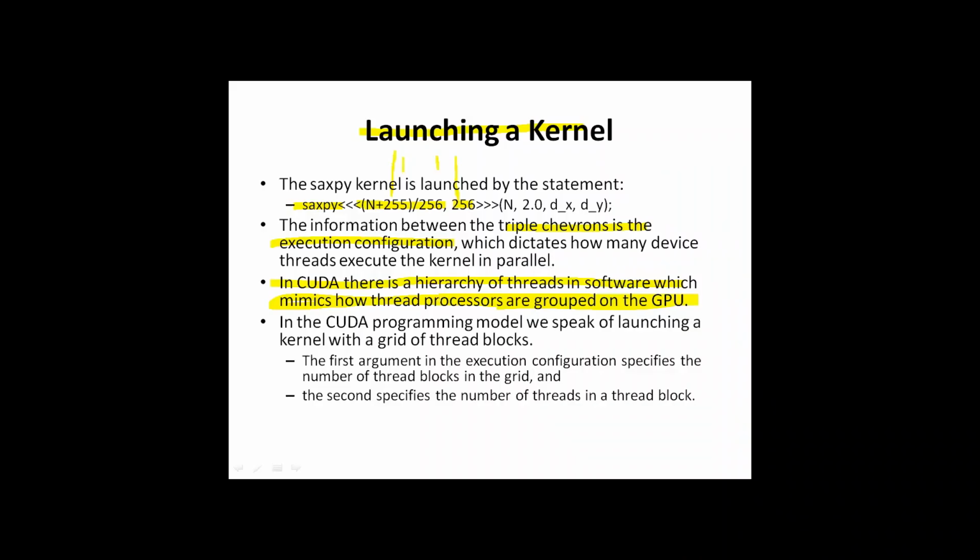There are 4 configuration parameters we can specify. The third parameter is related to the shared memory. And the fourth parameter, I suppose, is related to the stream, on which stream it will be executed, because we can launch multiple streams, and we can specify which kernel will be launched on which stream, right?